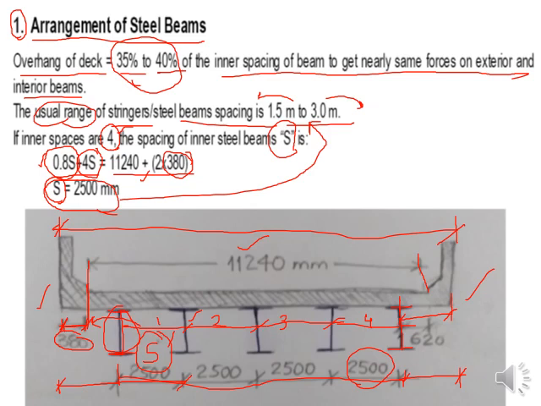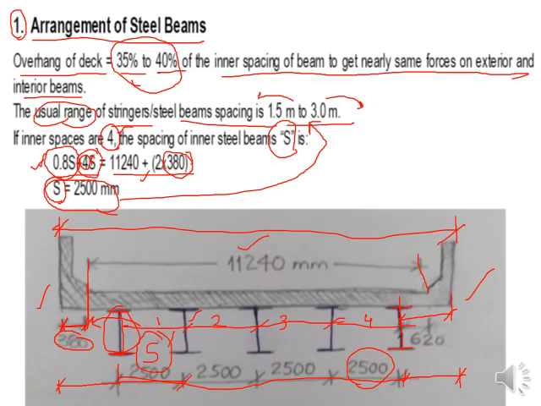So in this particular way, you are going to revise the section. The rest will remain the same, the overhang will remain the same. These are the known values. Only this factor 4 can be increased or decreased depending upon the values for the spacing between the girders. You are getting the answer, so it should be between 1.5 to 3 meters. If not, then you have to revise it.